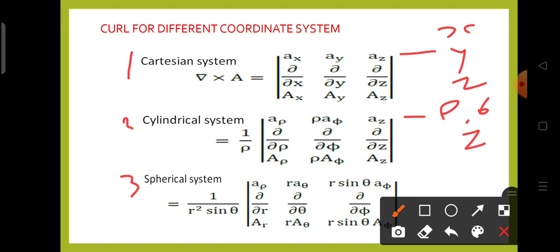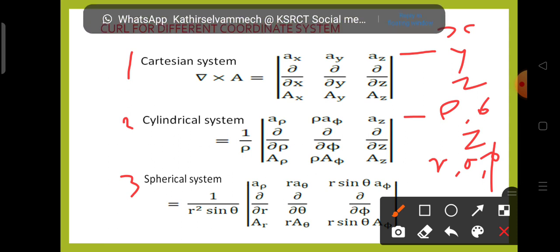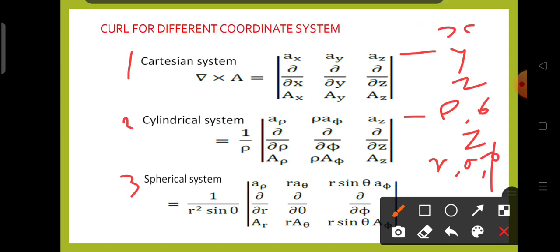In the spherical system, the variables are r, theta and phi. So here the first row is ar, r a theta, r sin theta a phi. Then the second row is del by del x, del by del y, del by del z.